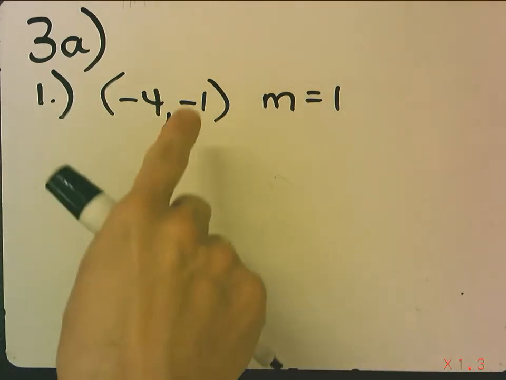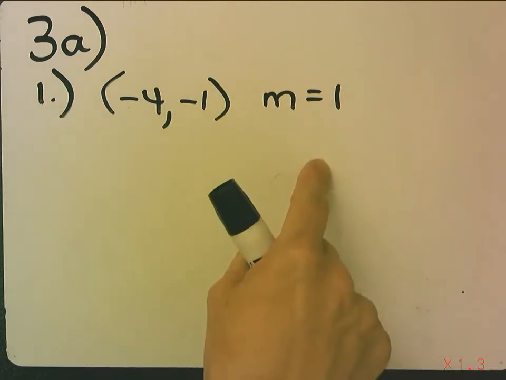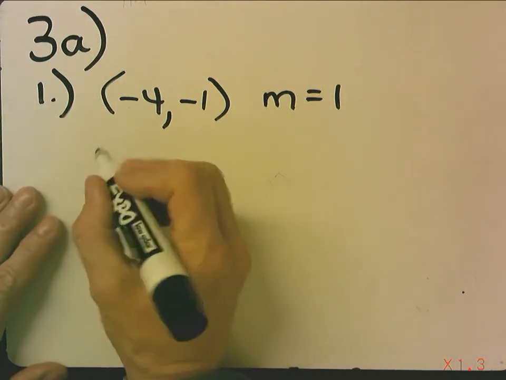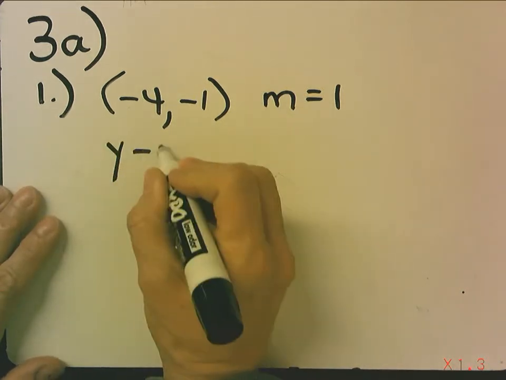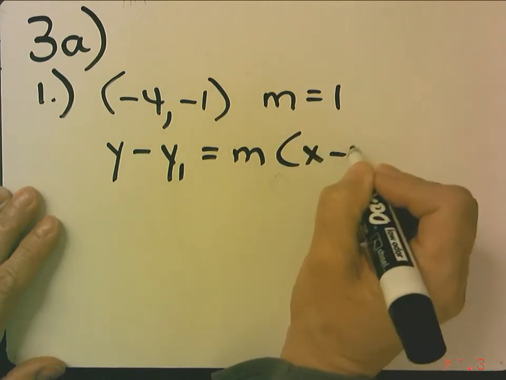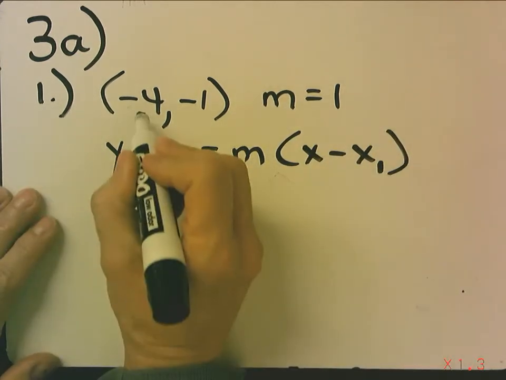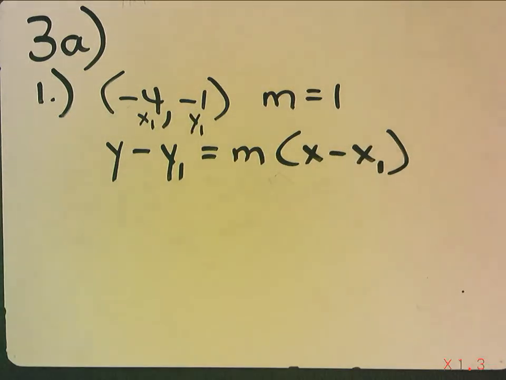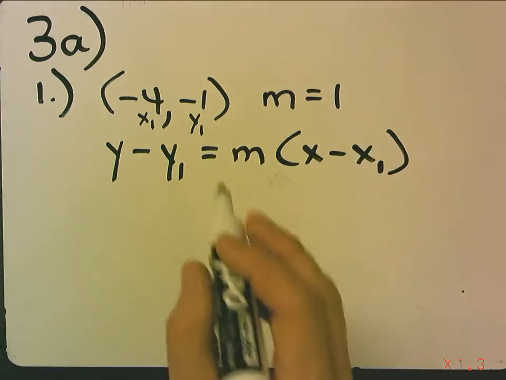Now notice they're giving us a point and a slope, so it's going to be easy to go into point slope form. A point slope form is y minus y sub 1 equals m times x minus x sub 1. So we label our point x sub 1, y sub 1. We know our slope, and now all we do is substitute.